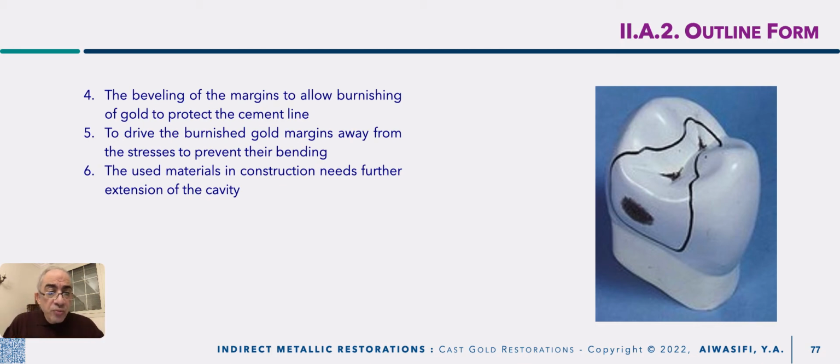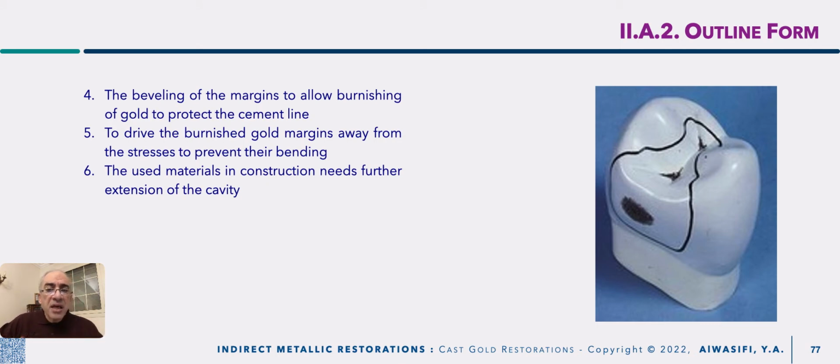This also lets the cavity appear wider, okay? And this is to drive the burnished gold away from the stress bearing area. You need to widen the cavity because your bevel will be covered by a very thin layer of gold.